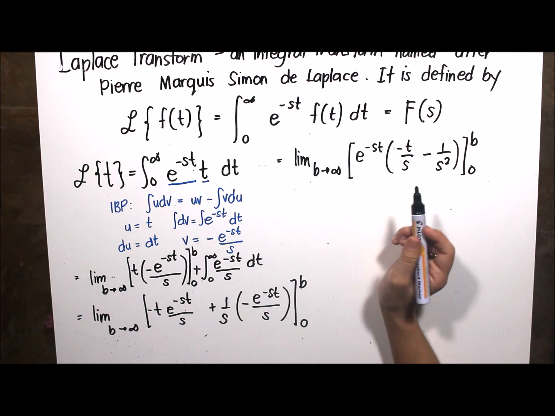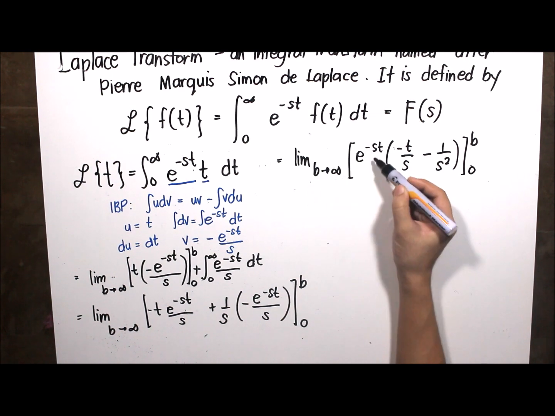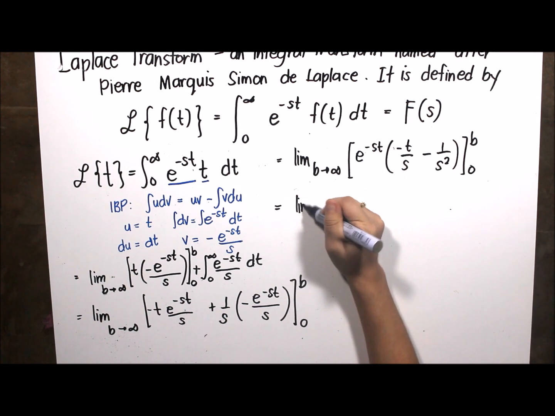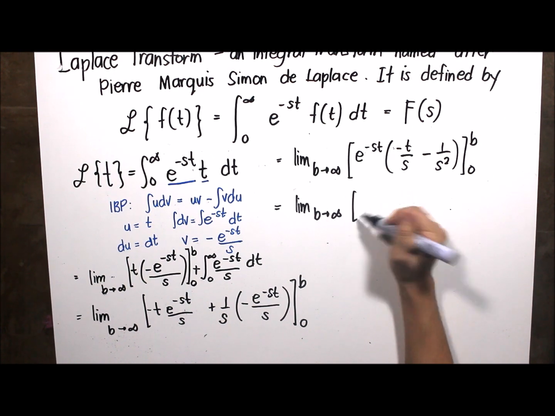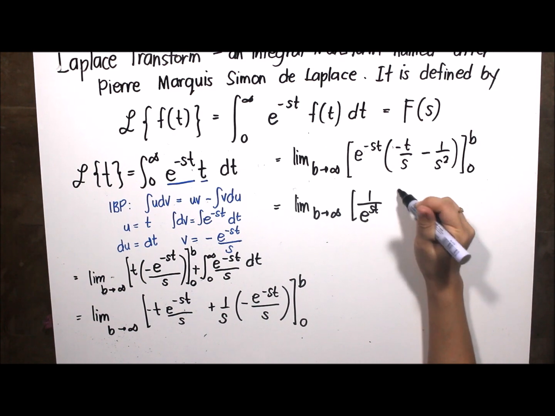In the same manner, gaya ng ginawa natin kanina, to be able to realize the effect of the infinite value, baba natin to make this positive. So, this will be limit as b approaches to infinity of 1 over e. Positive na yung exponent niya.